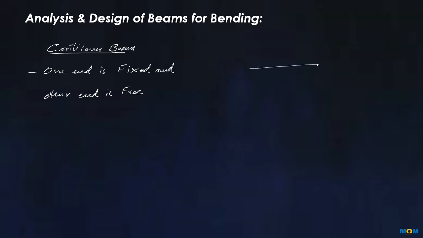So like this, let's say this end is supported with the fixed support, and let's say this is A and this is B. Now this is the free end. Now this is the cantilever beam.